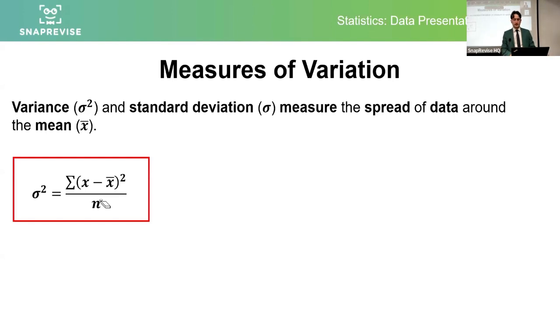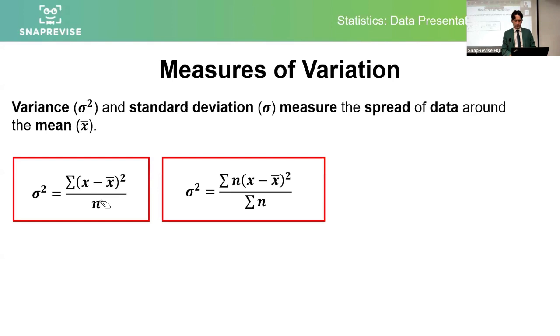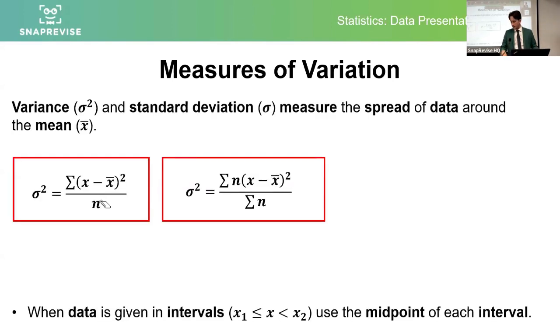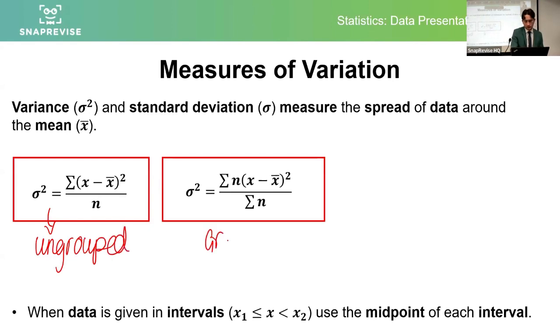So here's the formula for the variance. And of course, the standard deviation is just the square root of that, just putting a square root sign around all of it. This is the one for ungrouped data, and this is the one for grouped data. Basically, it's like the average square distance from the mean.